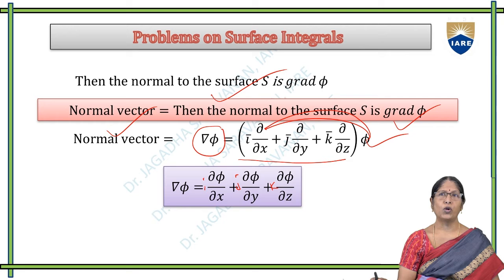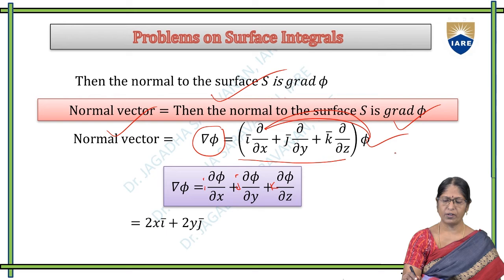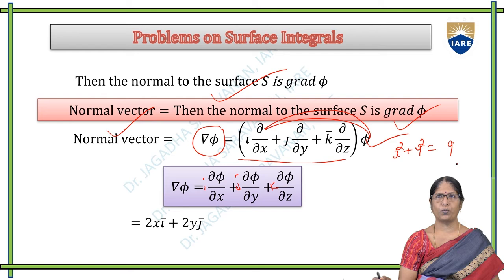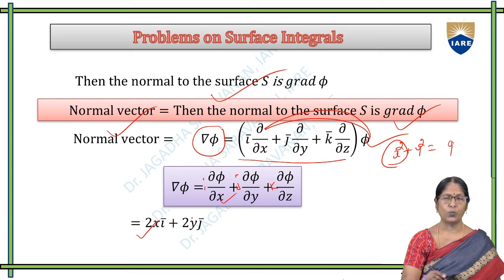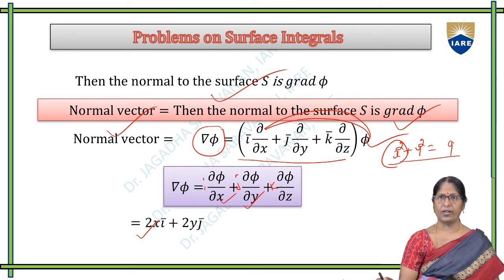So i ∂φ/∂x plus j ∂φ/∂y plus k ∂φ/∂z. For our surface x² plus y² equals 9, differentiating partially with respect to x we get 2x i, and with respect to y we get 2y j.